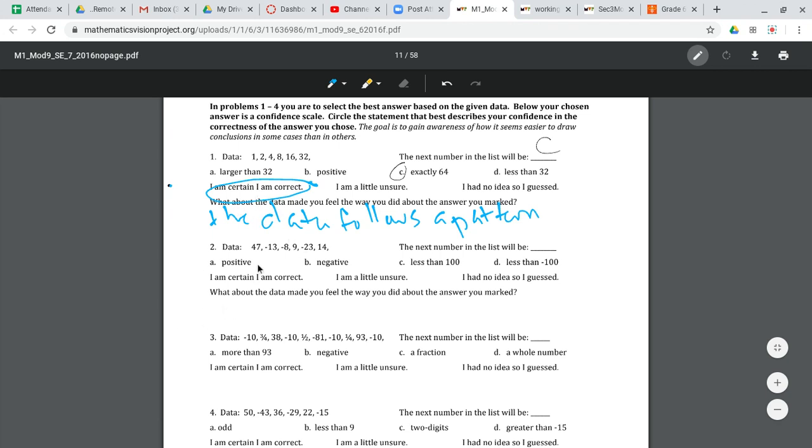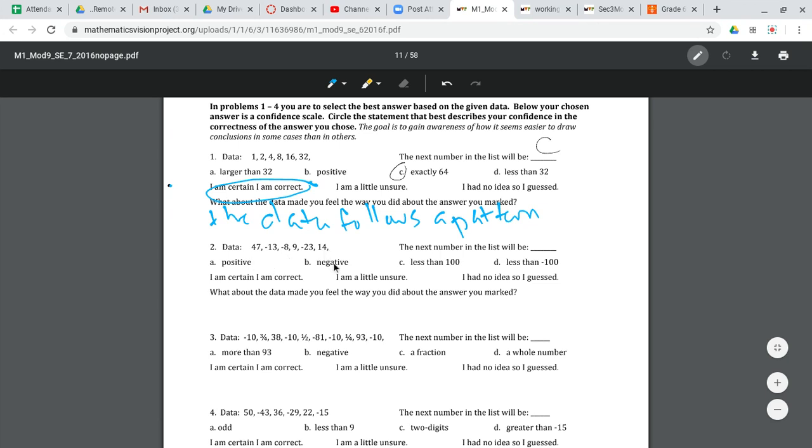Now for number 2, we have 47, negative 13, negative 8, 9, negative 23, and 14. The next number in this list will be positive, negative, less than 100, less than negative 100. So if we look at this, we started with a positive number, then we went to 2 negatives, then we had a positive, then a negative, then a positive again.